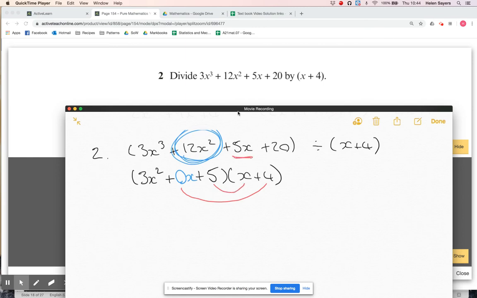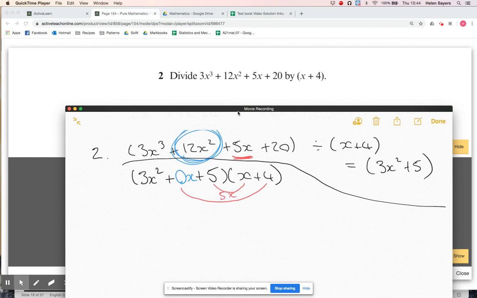And yeah, if the first set of brackets is 0x, then that does work, doesn't it? Because that gives me my 5x, and that's all I should have. So my answer to the original question is 3x squared plus 5.